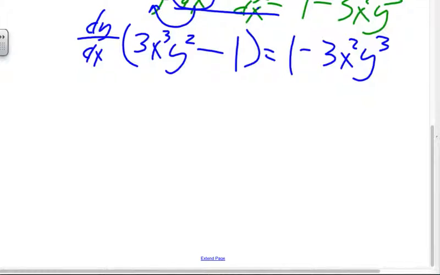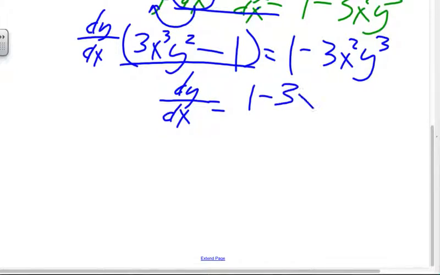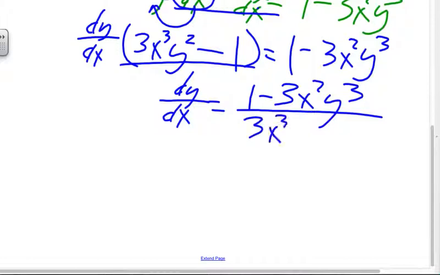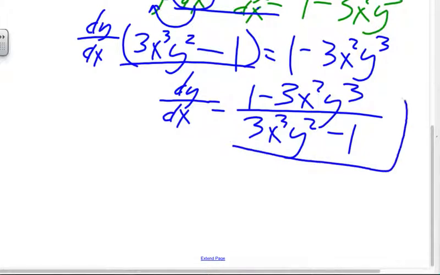Okay, so now to get this, I divide by this stuff right here. So my dy dx will equal 1 minus 3x squared y cubed over 3x cubed y squared minus 1. And there's your derivative.